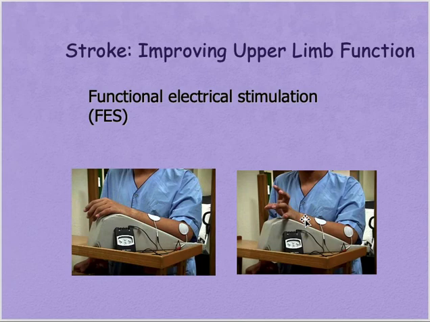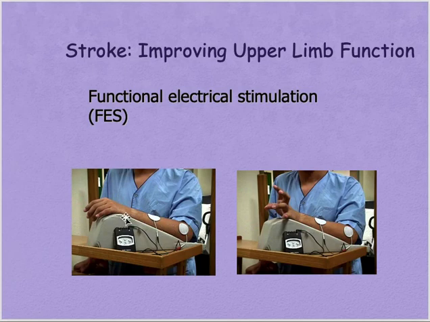One of the things in stroke by which we can improve the upper limb function, you can see over here, is functional electrical stimulation. So now, what is functional electrical stimulation? It's basically, as the name shows, stimulating the muscles with the help of, you can see, two electrodes, right?